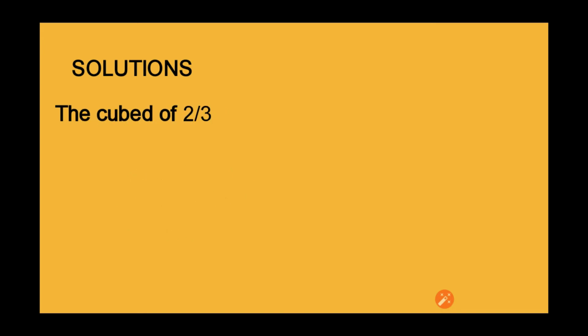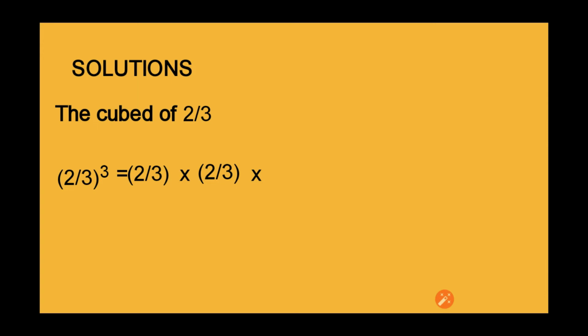Let's look at the third example, which is the cube of 2 over 3. This is a fraction. The cube of 2 over 3 can be written mathematically as 2 over 3 raised to the power of 3. This simply means we're going to be multiplying 2 over 3 by itself 3 times. Here it goes: 2 over 3 times 2 over 3 times 2 over 3.